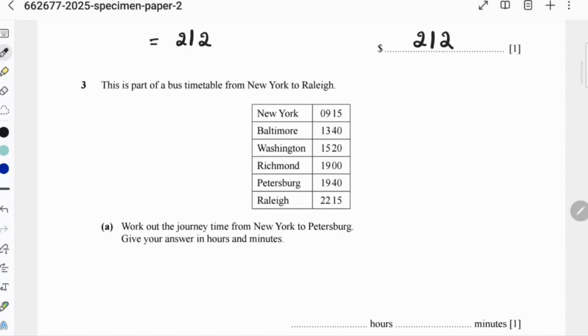Whenever we check, your New York timing is 9:15 and your Petersburg time is 19:40. So obviously you will do 19:40 minus 9:15.